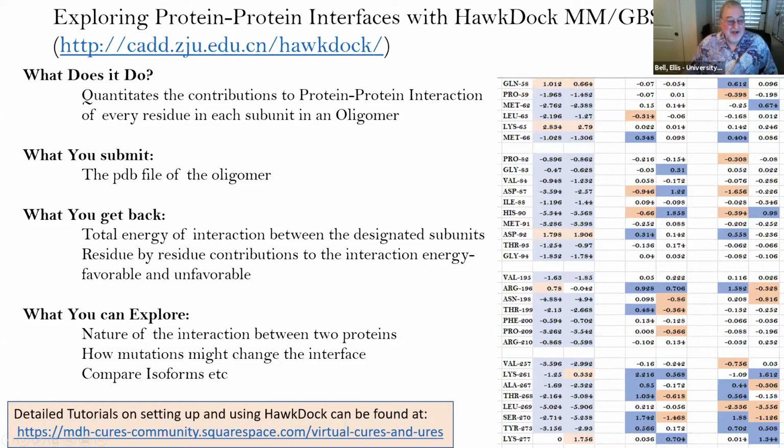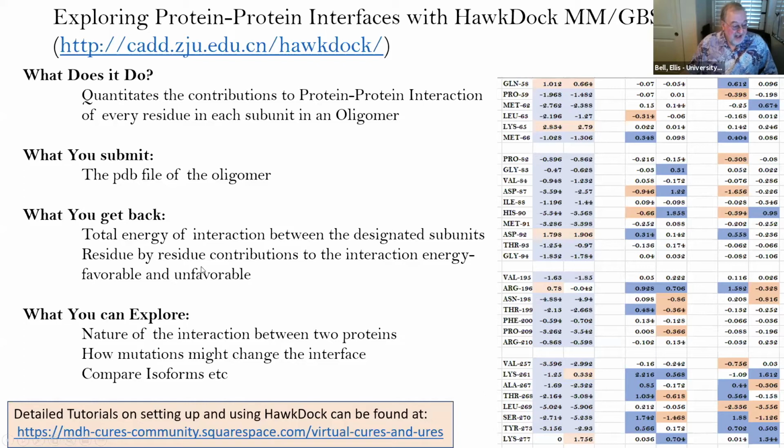This, like H++, is something where you can get data back in about 10, 15 minutes from submitting it. Again, you submit the PDB file of the oligomer, you tell it which is the A subunit and B subunit or whatever. What you get back is the total energy of interaction between the designated subunits. You get the residue by residue contributions.